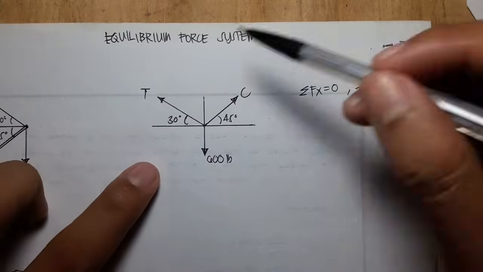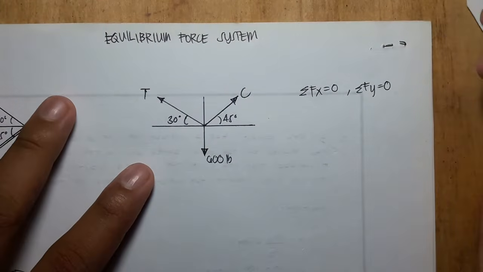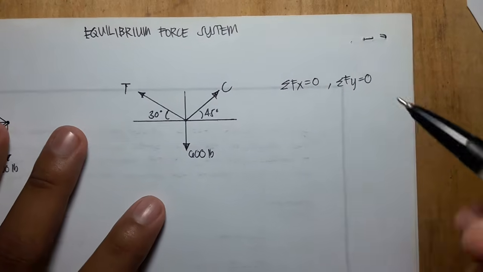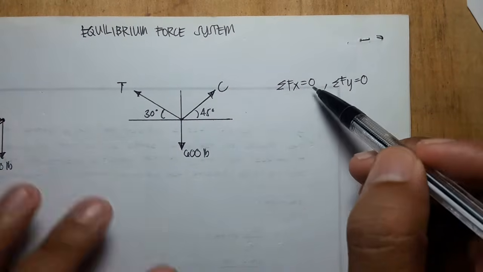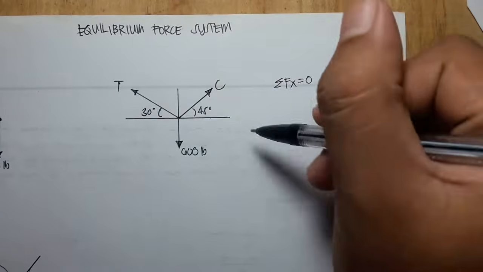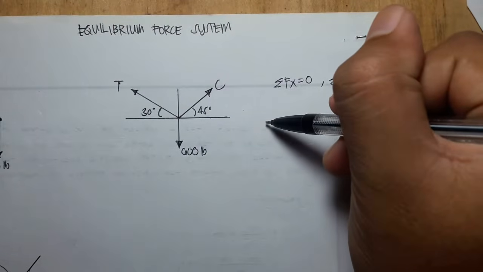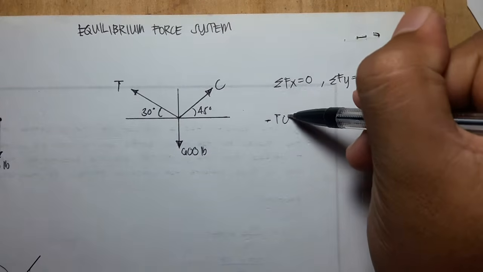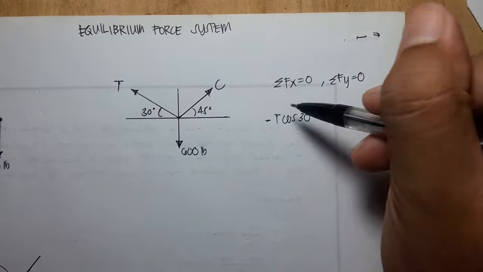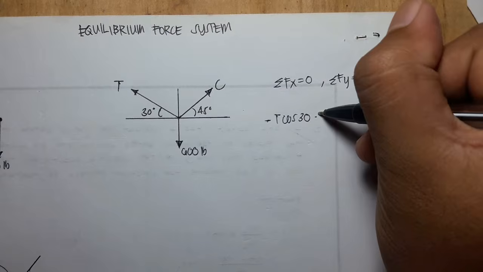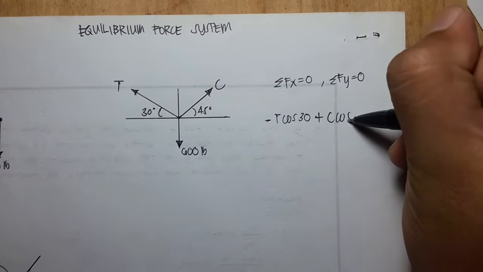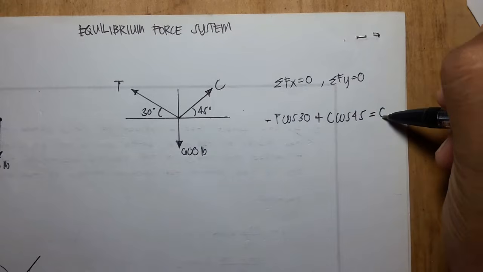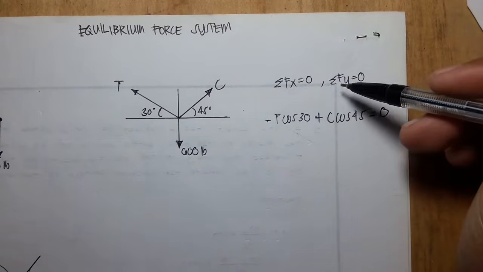For us to solve these two, we solve for the summation of force X and equate it to 0. As we know, going to the left is negative, so negative T cosine of 30, then positive plus C cosine of 45. Then we equate it to 0.